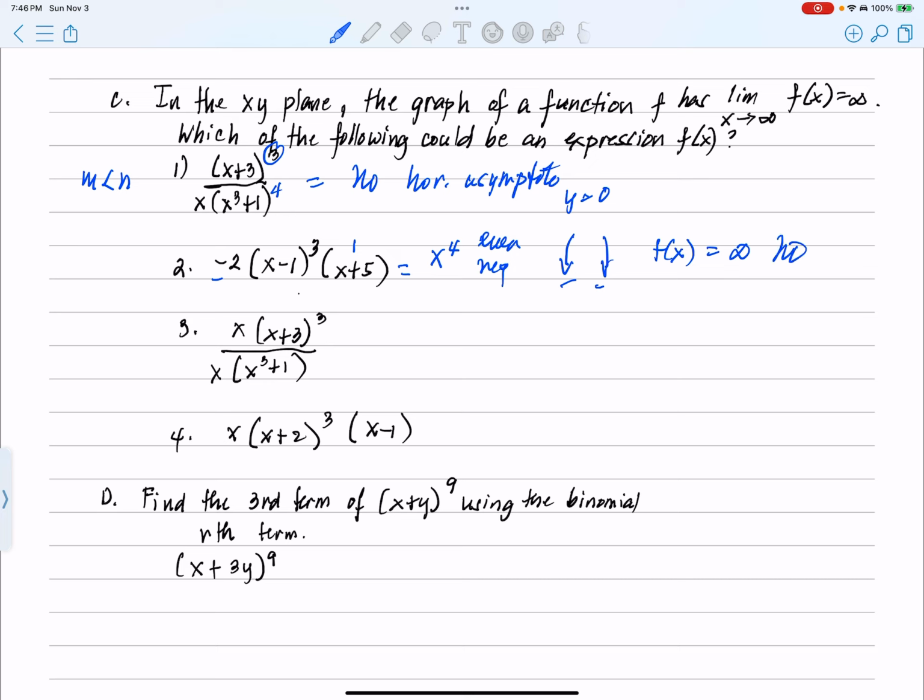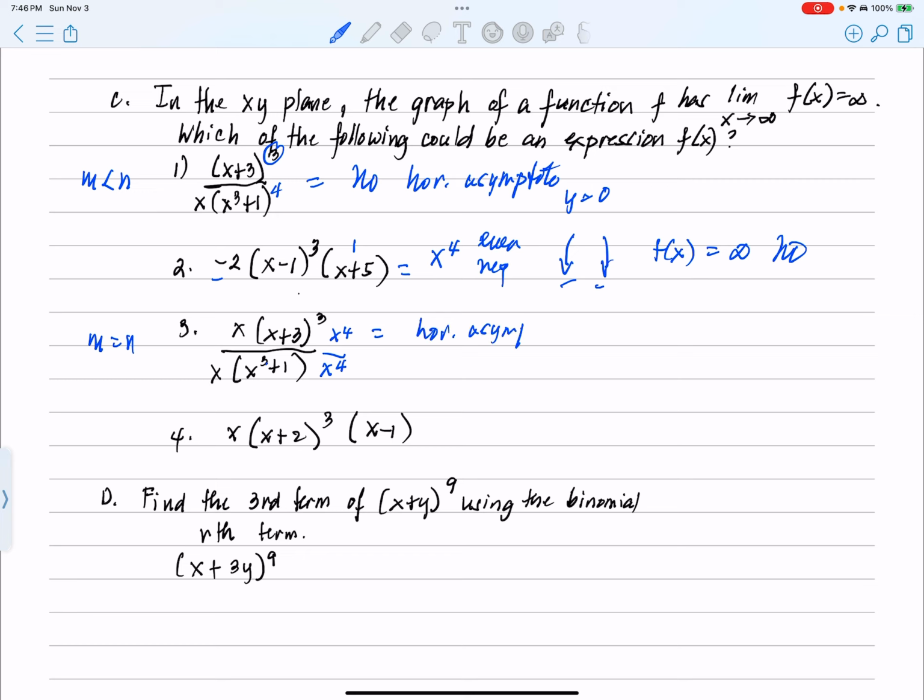For C, this is x to the fourth. The denominator is also x to the fourth. So we have the same degree, the same exponent. So that is when m equals n, case 2. That means we have a horizontal asymptote in this case.